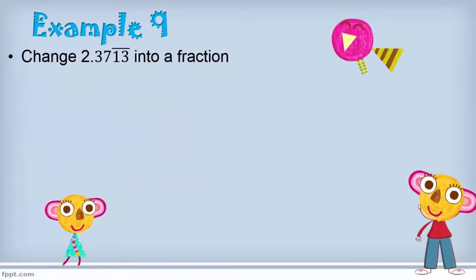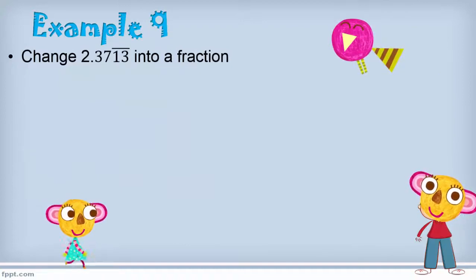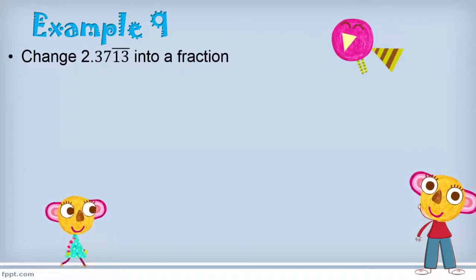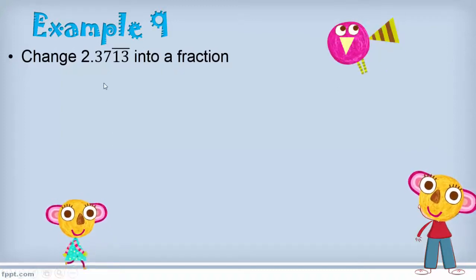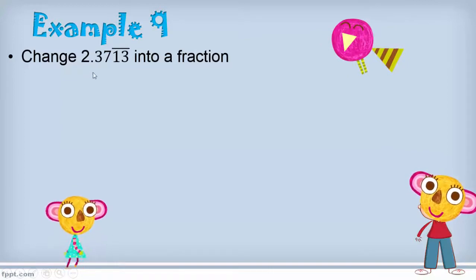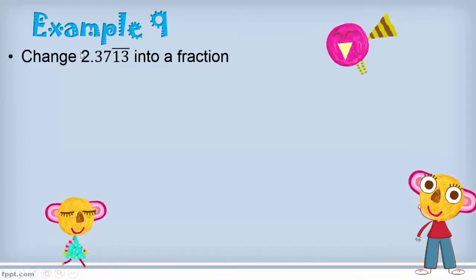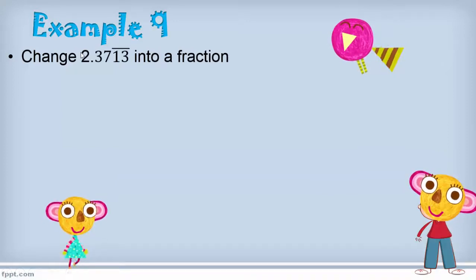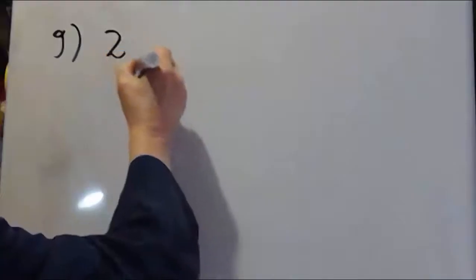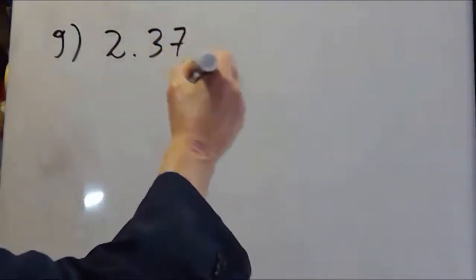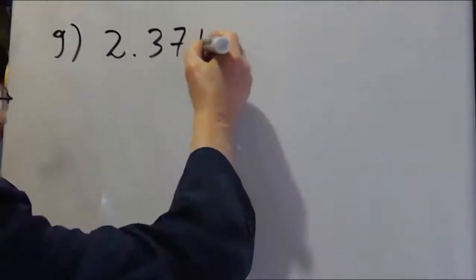In example number 9, I'm asked to change 2.3713 repeating into a fraction. In this case, instead of starting with a 0, I'm starting with a regular number. So let us see how we deal with a situation like this on the whiteboard. What about 2.3713?